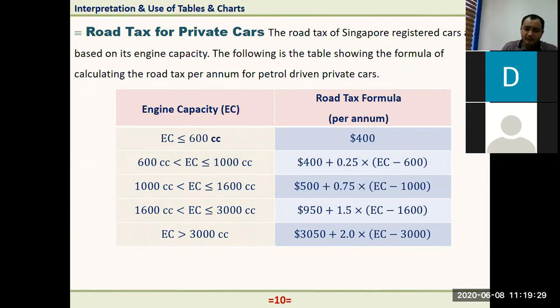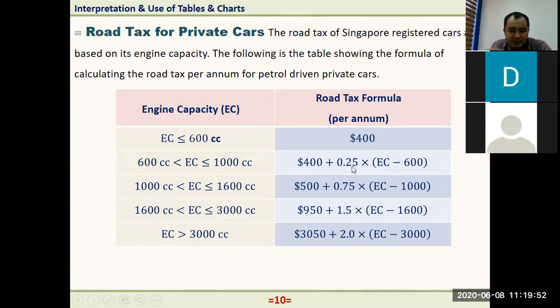Anyway, this table shows that if engine capacity is less than or equal to 600 per annum, you have to pay $400. If the engine capacity is between 600 and 1,000, this is 1,000 inclusive, we have to pay 400 plus 0.25.